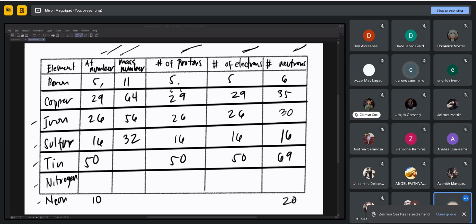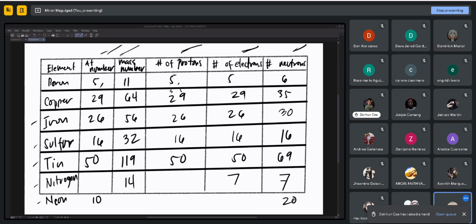Then, si nitrogen, nakalimutan ko rin na, hindi ko double check. 14. Let's have 14 and 7. Yung electron, sorry. Nitrogen, 14.